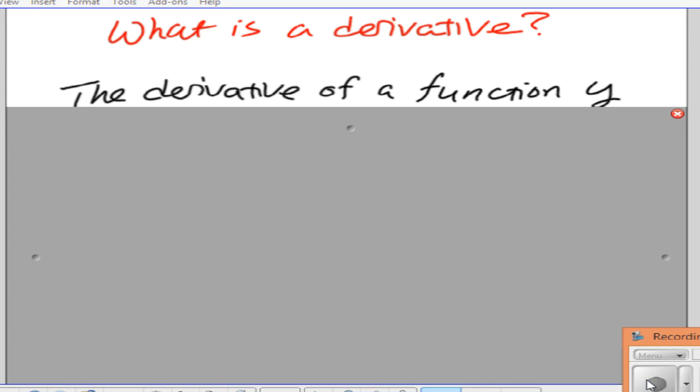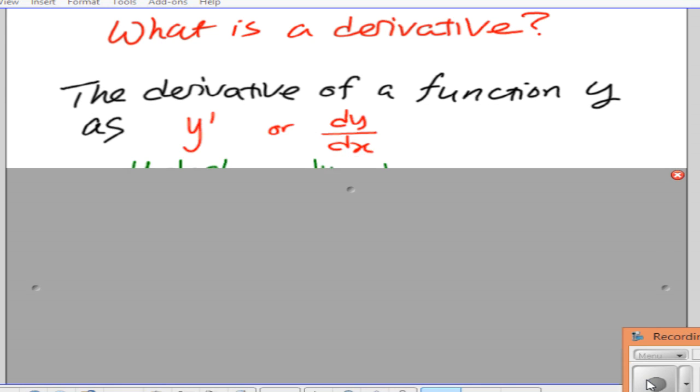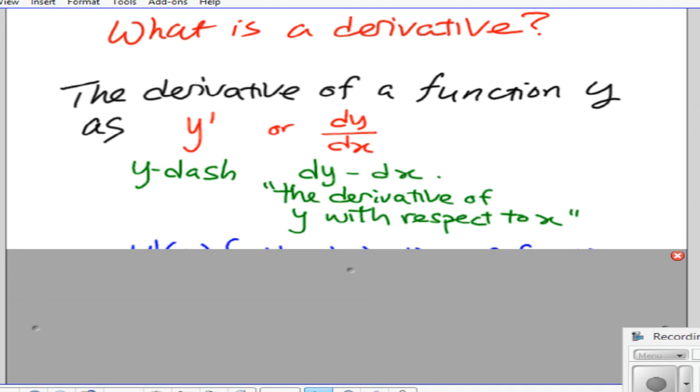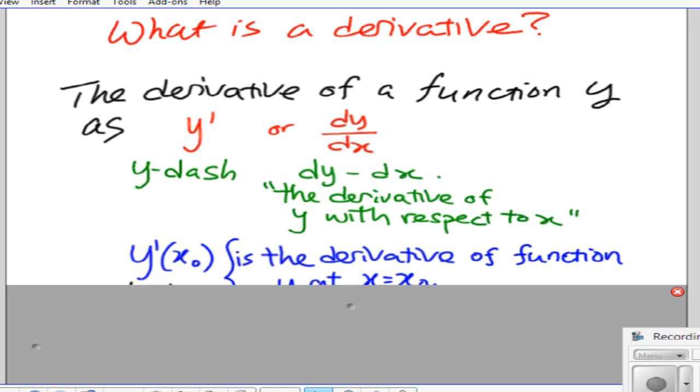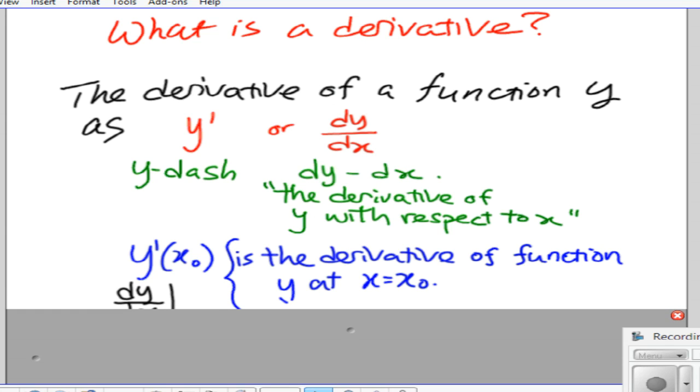The derivative of a function y is represented using these two symbols: y dash, or dy dx. The second symbol is also read as the derivative of y with respect to x. And y dash of x0 is the derivative of the function y at x equal to x0.